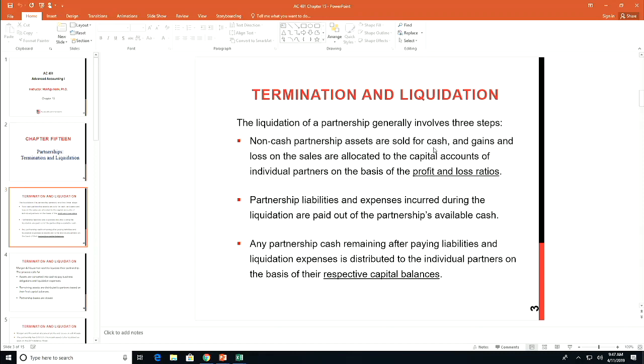Now, you may have some liquidation related expense. You may need to hire a valuator or an investment banker or someone else. You may need to pay some legal fees. These liquidation expenses you have to pay. Definitely cash will be gone. We'll credit cash, but we cannot debit the expense. Instead of debiting expense, we will be using the capital balances.